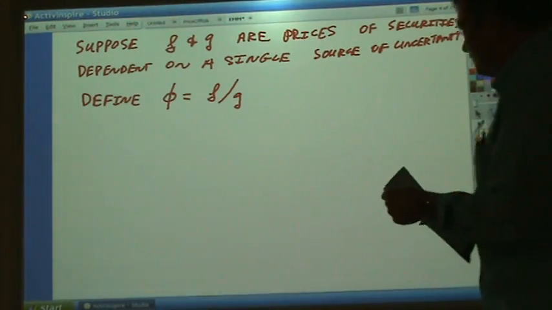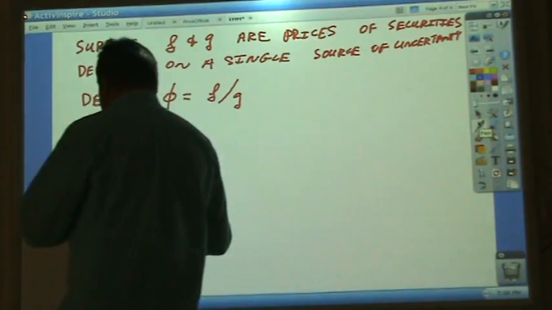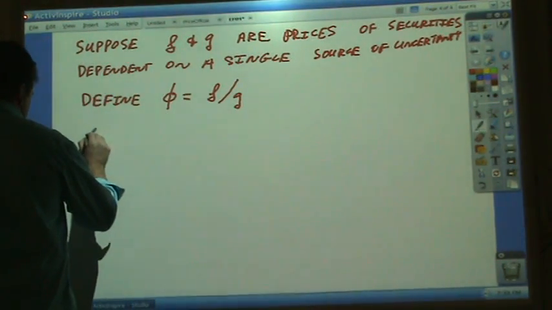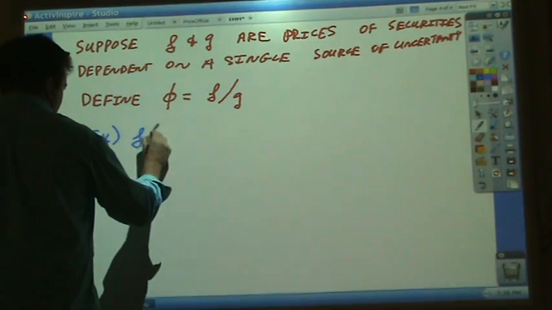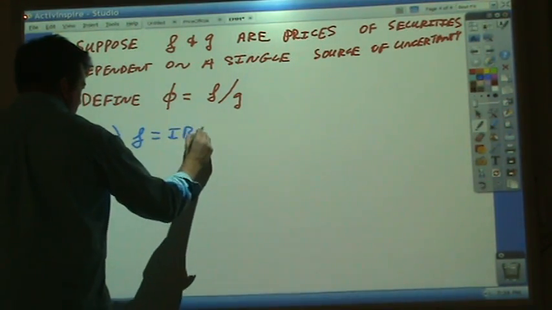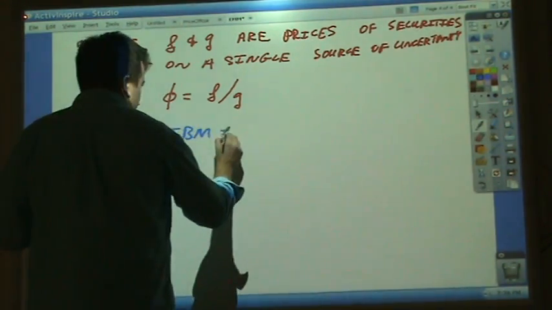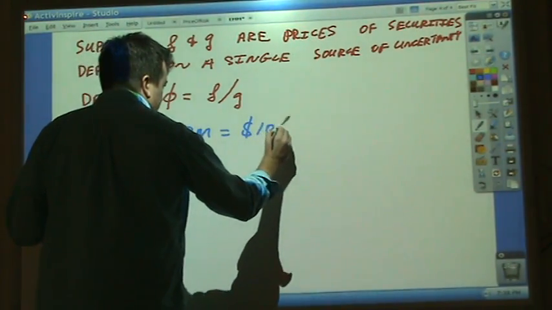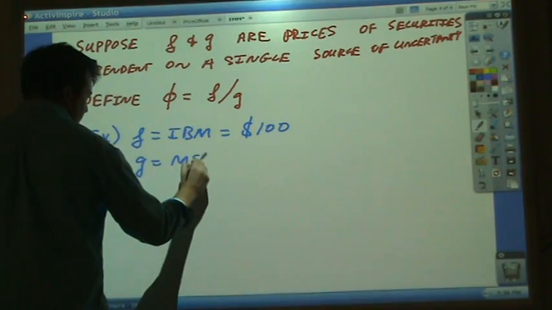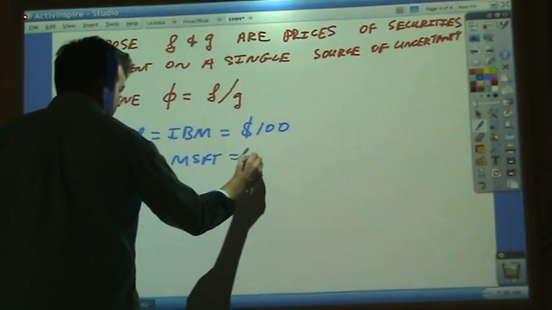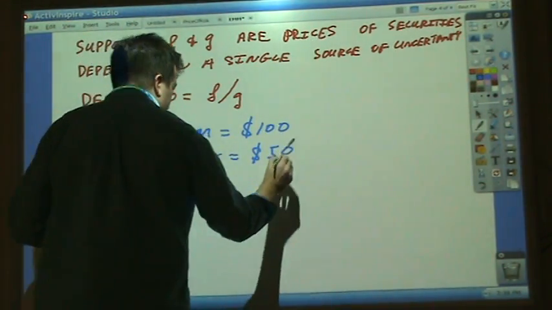So let me throw in an example. Suppose we have F equals IBM stock, which is currently selling for $100 a share, and G is Microsoft, which is currently selling for $50 a share.